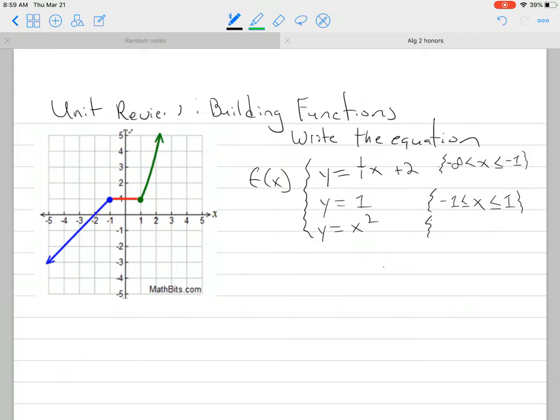And then I'm going to say this is good when x goes from 1 to infinity. Right? So I just wrote the piecewise function for this one from the graph. All right.